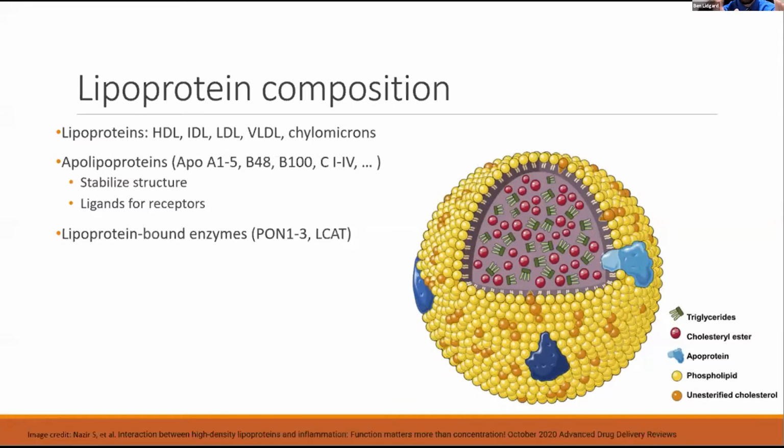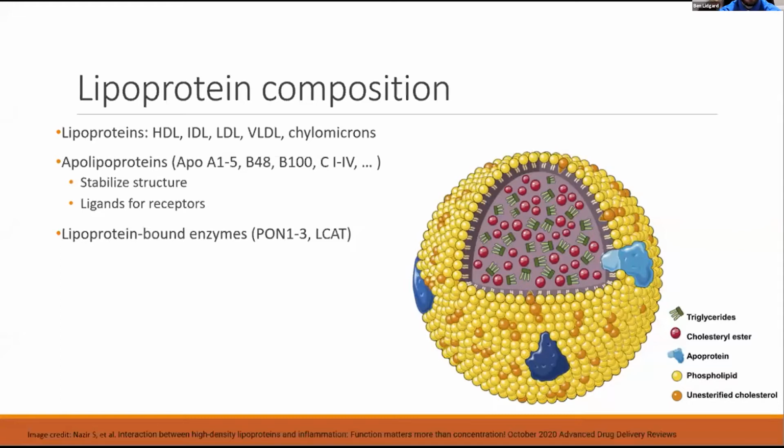Lipoprotein means there's some lipid component and some protein component. And we see here the apolipoproteins, again, nomenclature is confusing, are going to be clumped up on the surface of these lipoproteins. These include things like ApoA1, ApoA2, ApoB48.